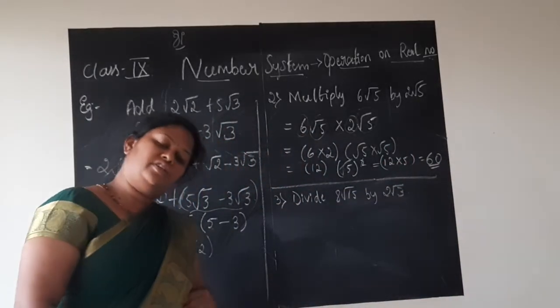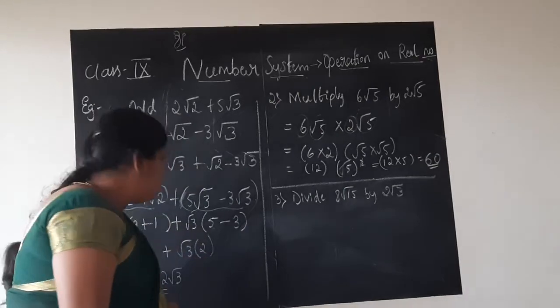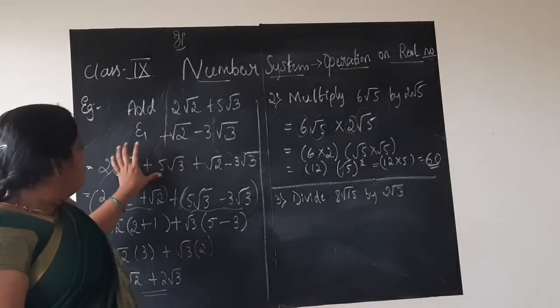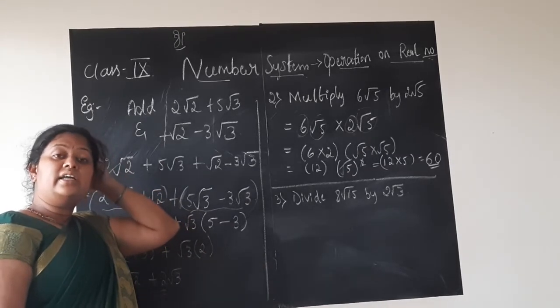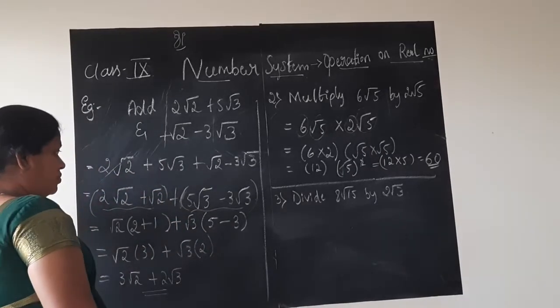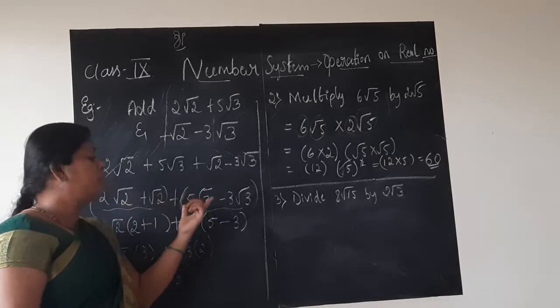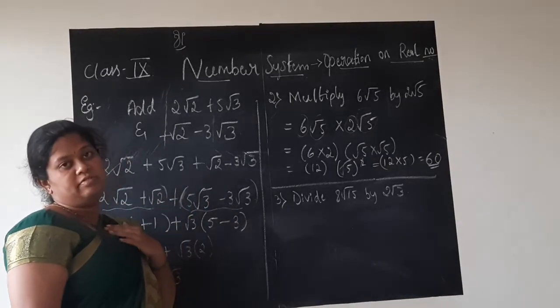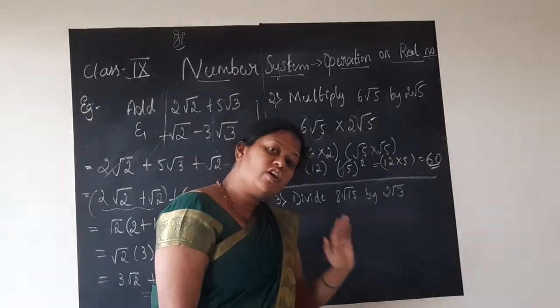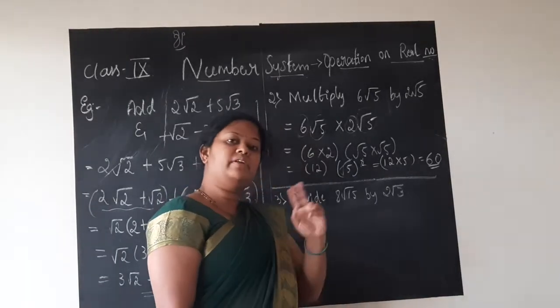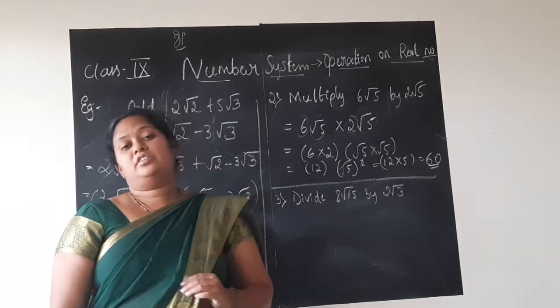In case of addition or subtraction children, what we do is write all the given terms along with their sign, group them, then take out the common factor and then simplify. In the case of multiplication, you cannot take the common factor out. Why? Because in between two terms, a multiplication sign is there.